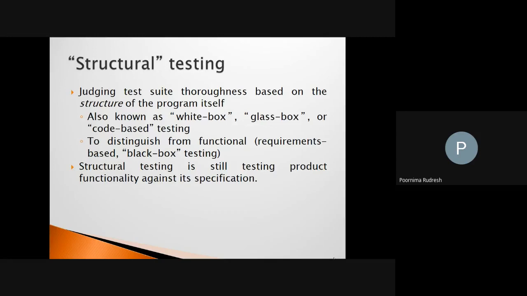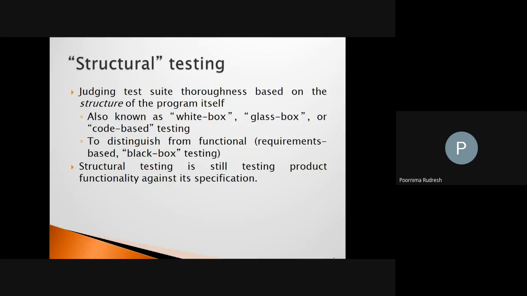Understood? Other model means it may be the pseudocode, or any other type of representation of the program. So once we use those test cases, we need to determine whether they are covering the control flow graph or any other model of the program.